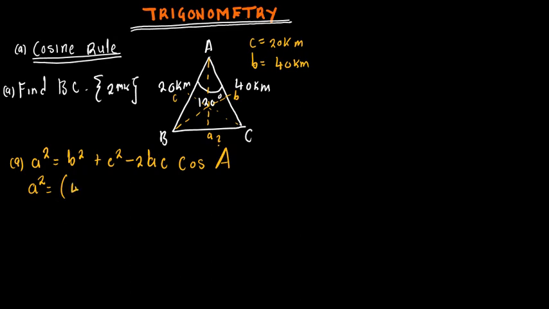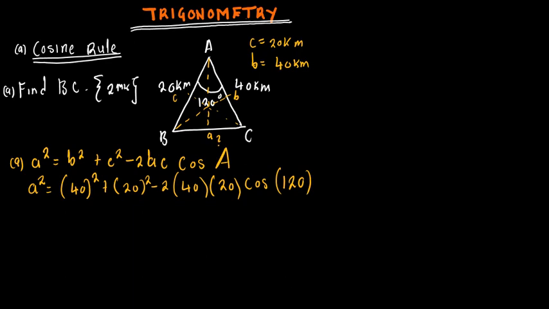B has been given to be 40 squared, plus C is 20 kilometers squared, minus 2 times 40 times 20, then cosine. What is the angle? Do you see that what I was just teaching applies? The angle is 120.